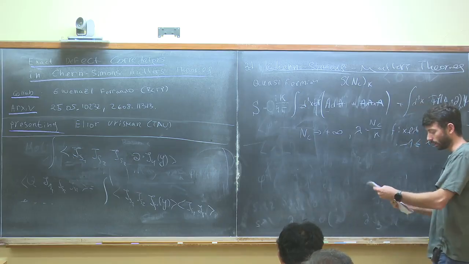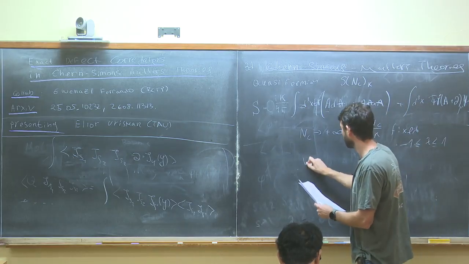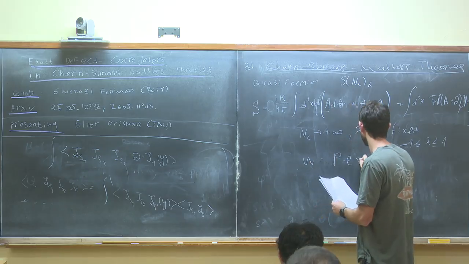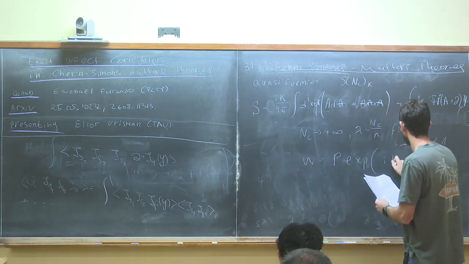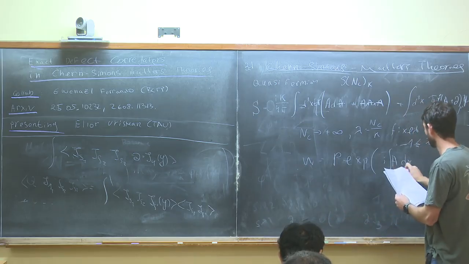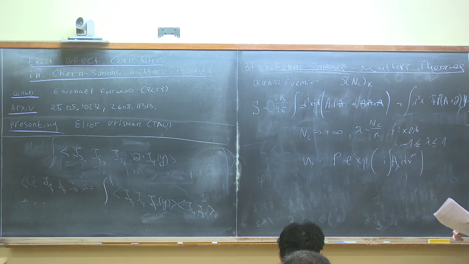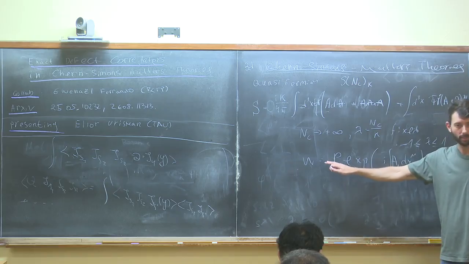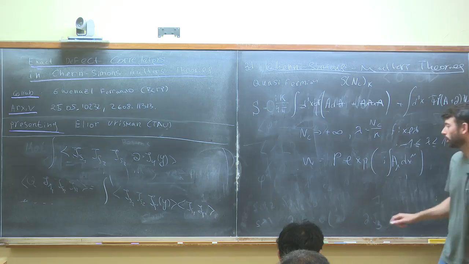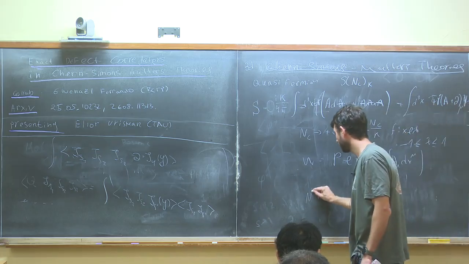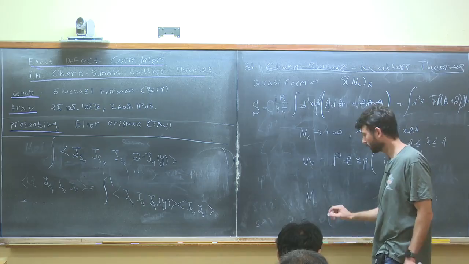So the Wilson line in these theories, as I said, turns out to be a stable conformal line operator, and you can study correlation functions in the presence of this infinite line, but we will define something called a mesonic line operator.